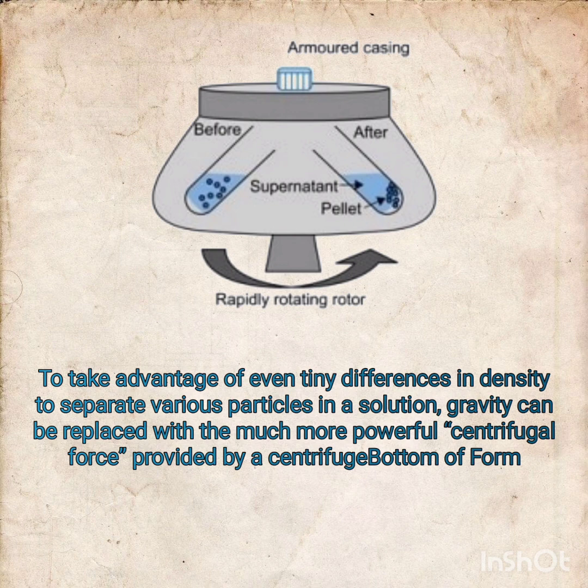By using the centrifuge machine instead of gravity, which was the earlier, natural process of sedimentation, the gravity is replaced with a much more powerful force, the centrifugal force, which is applied on the particles of the suspension by moving the rotor at a definite speed.